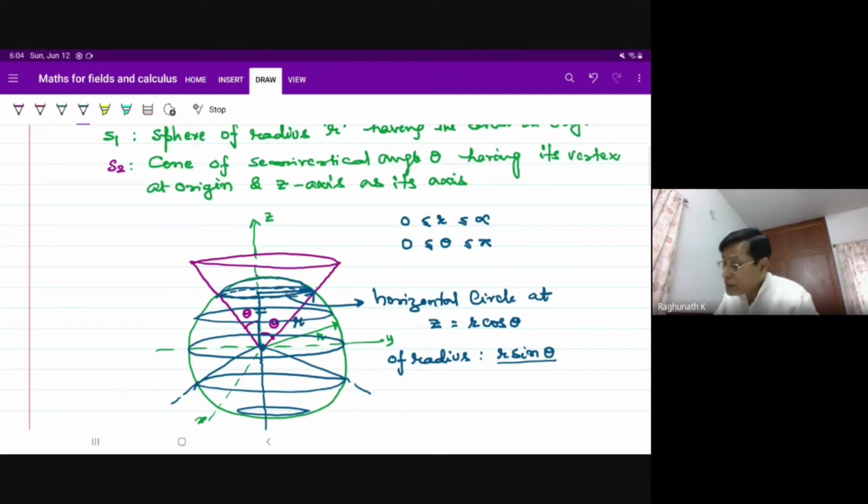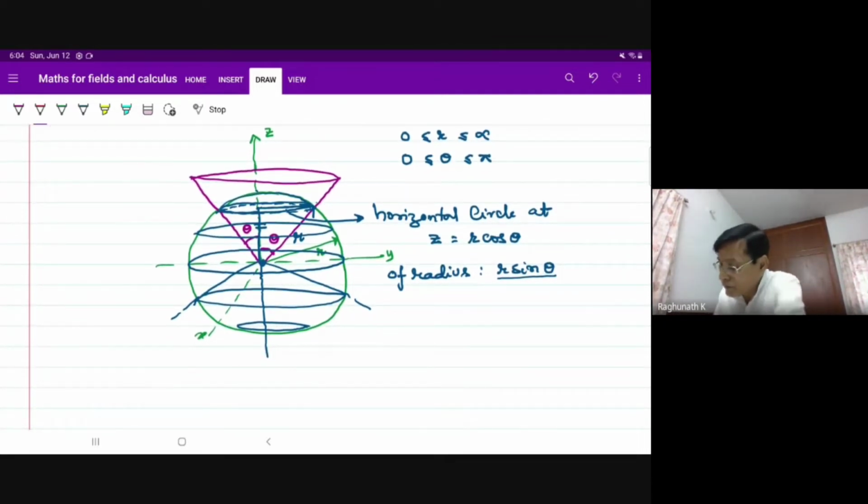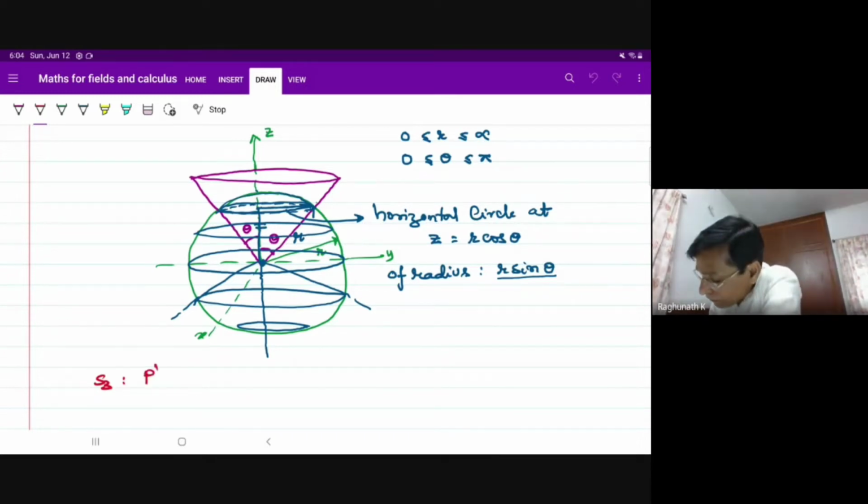Now the other surface is what? S3. It is the same phi surface that we had in the cylindrical coordinate system, because I want to select phi on the circle, 0 to 2 pi. S3 is the plane, a vertical plane extending from the z axis.